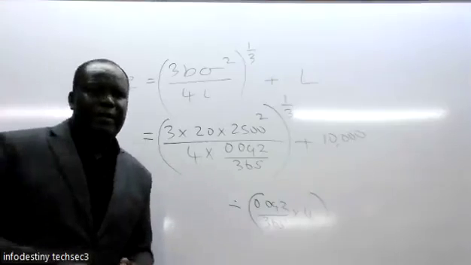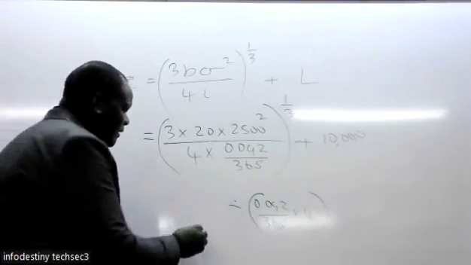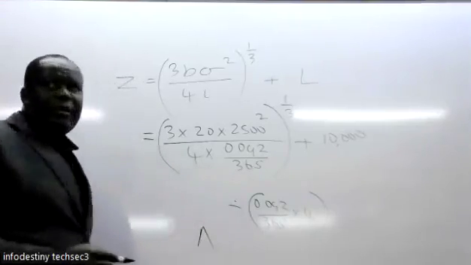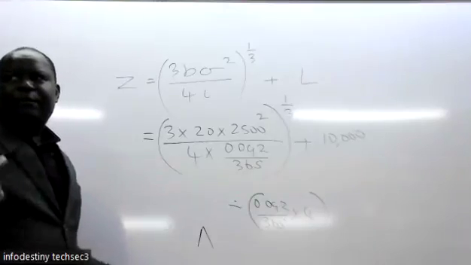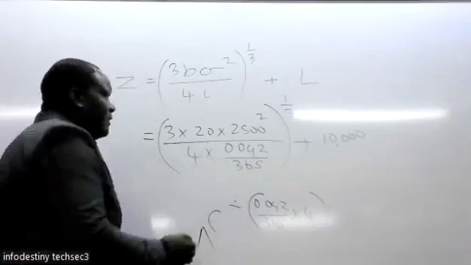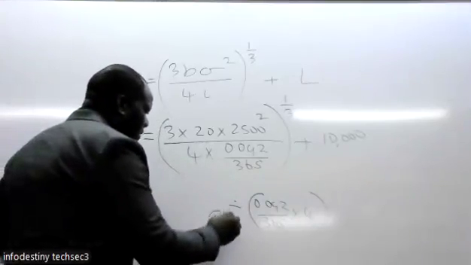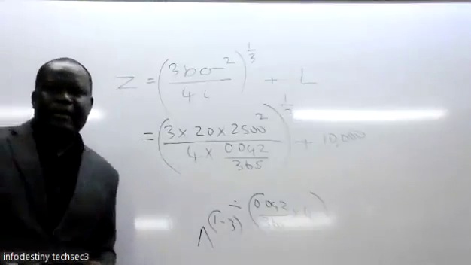Then press the power sign on your calculator. Then once you have pressed it, also again open the brackets. 1 divided by 3. You close the brackets. Then get the answer again.